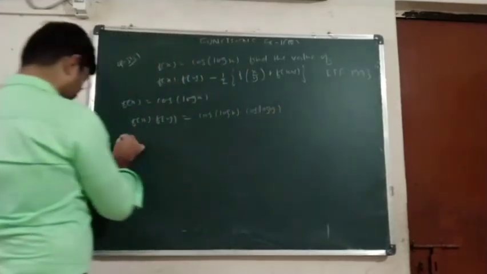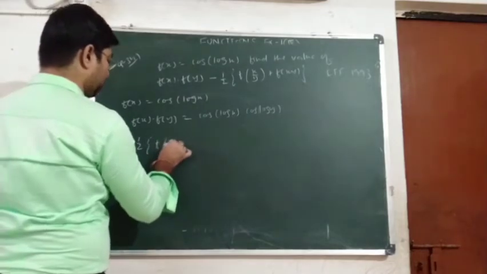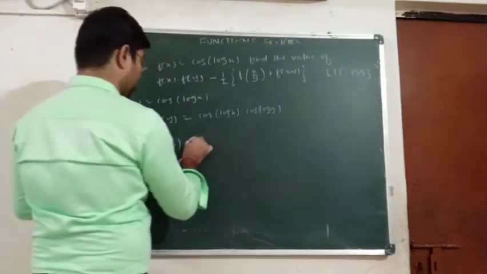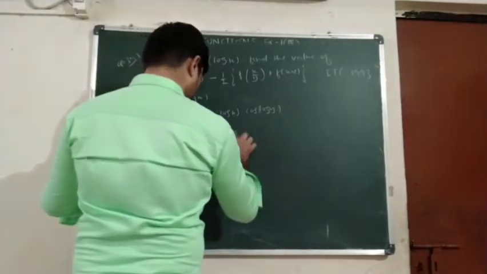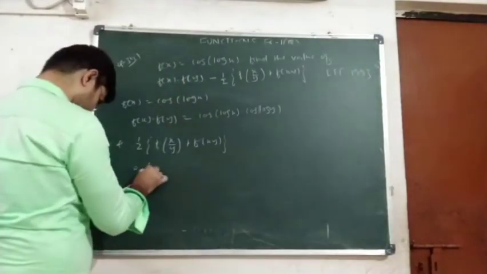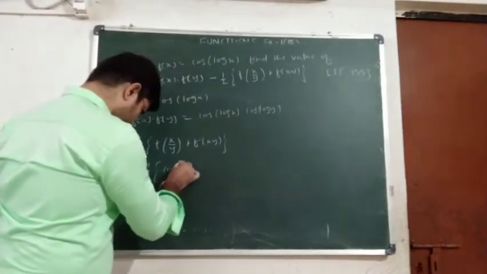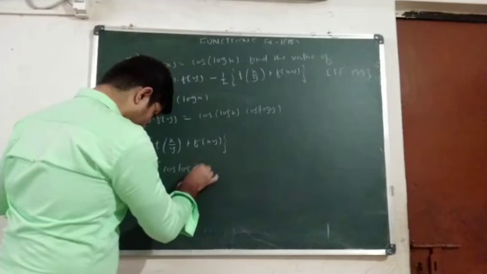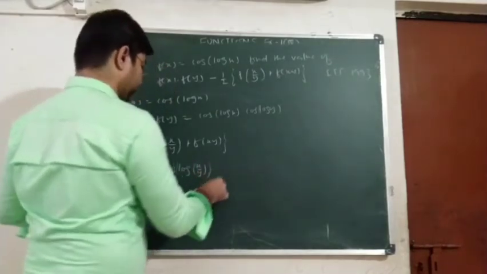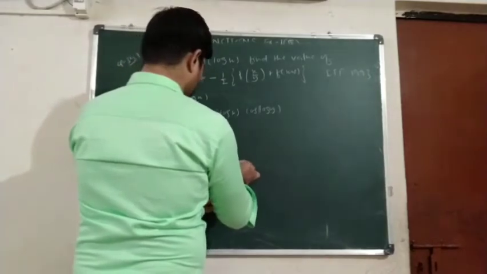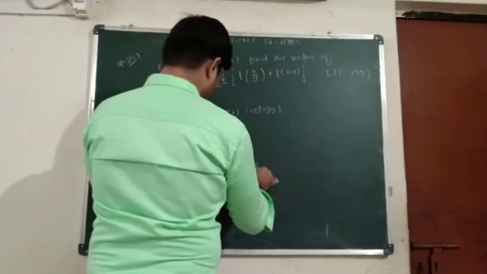And 1 by 2 into f of x by y plus f of xy will be equal to 1 by 2 into cos of log x by y, plus cos of log xy.